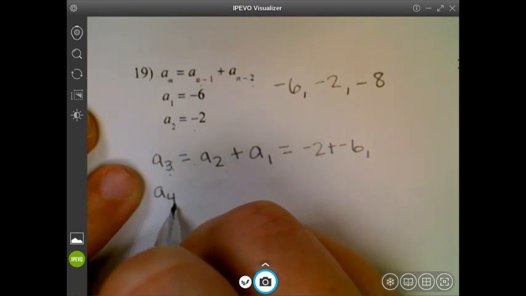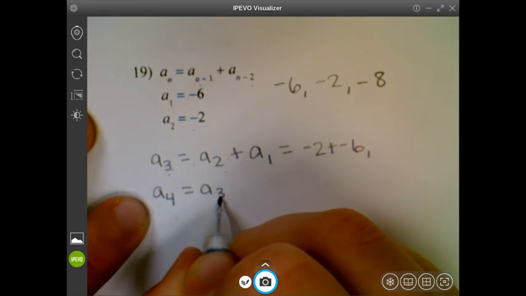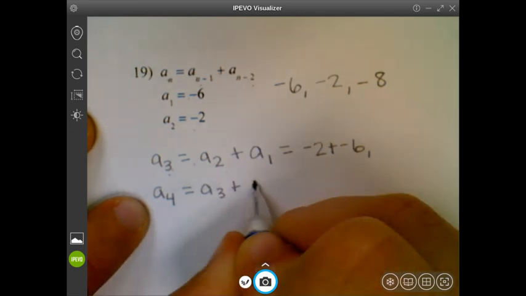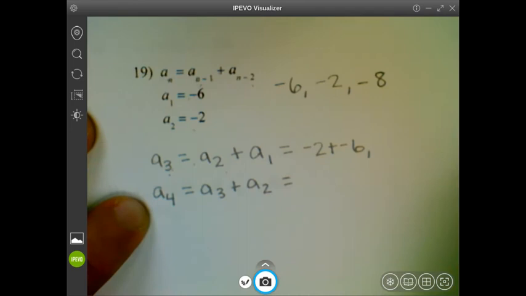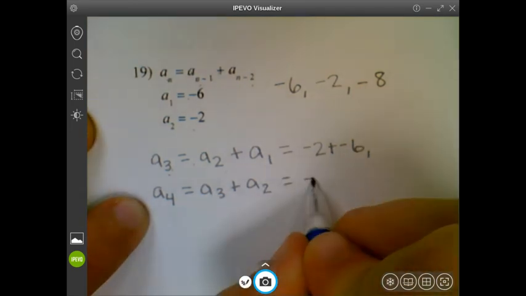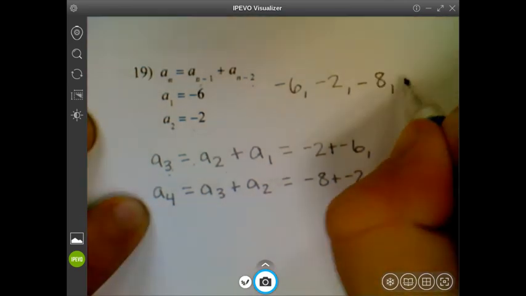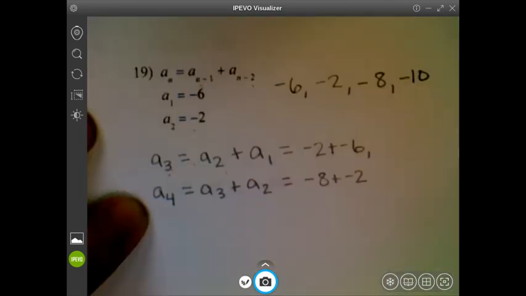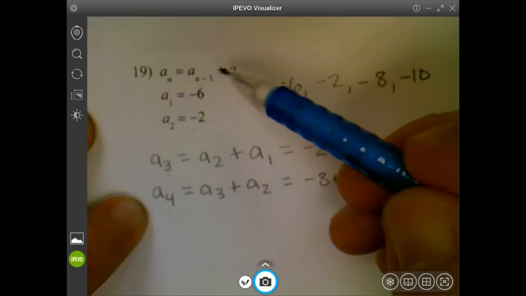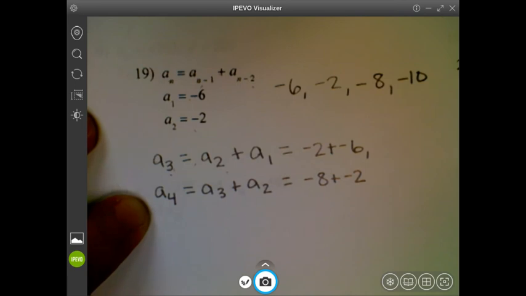The fourth term would be a sub 4 minus 1, so that's 3, plus 4 minus 2, that's 2. And we go ahead and add the third and the second term together now, so that would be -8 plus -2. And that gives us -10. And so with this recursive formula, the next number is based off the 2 that came before it.